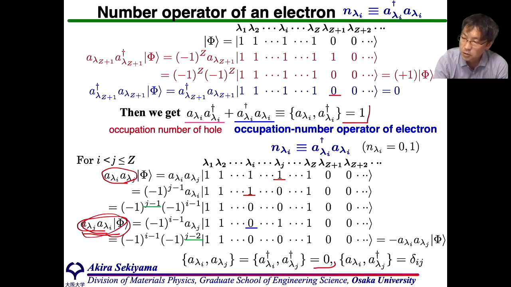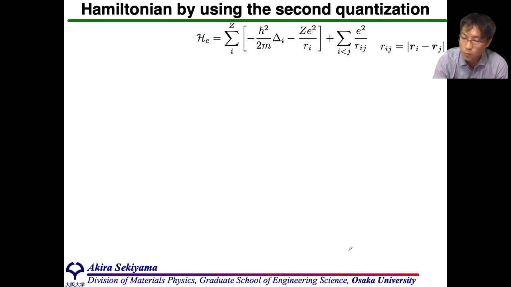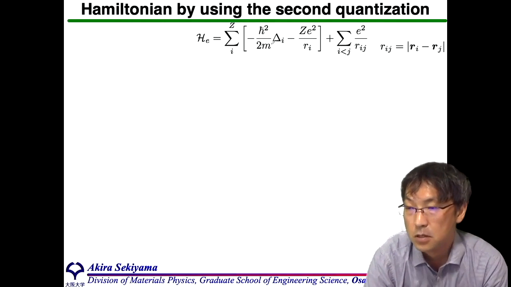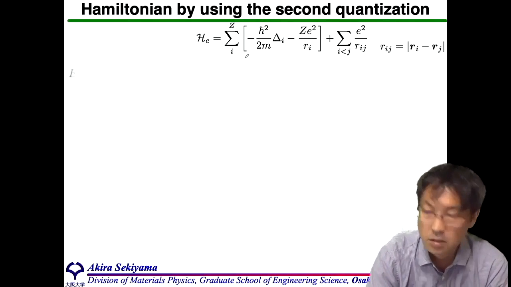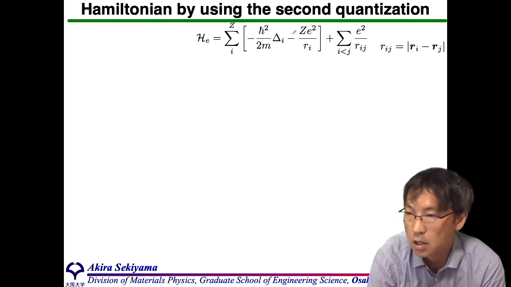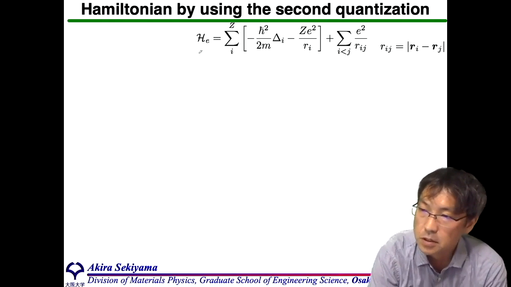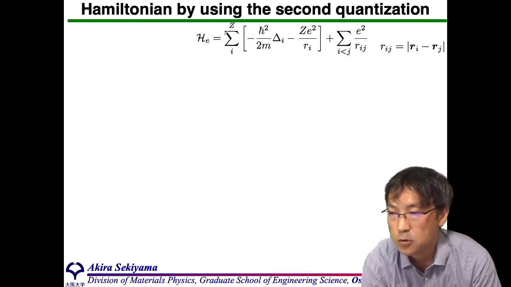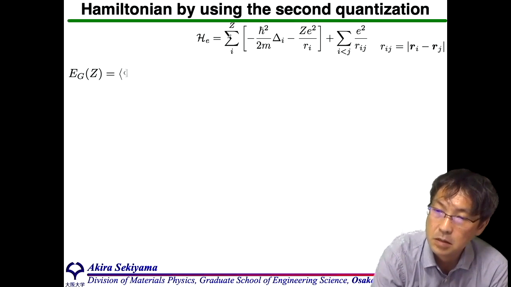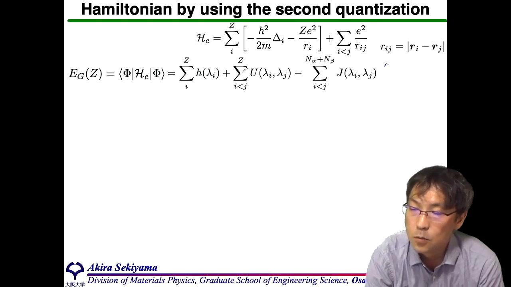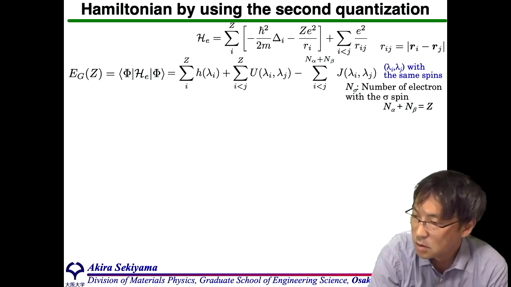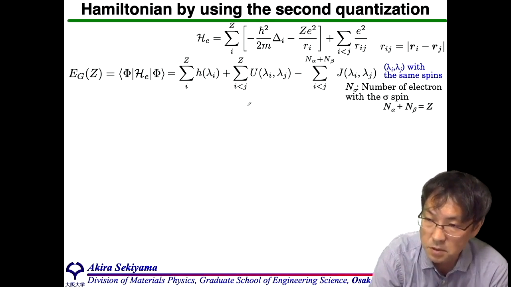Then by using the second quantization, we consider the Hamiltonian of the many-body electron. I talk about how the electron Hamiltonian is expressed by using the second quantization. So this is the original many-body Hamiltonian for the number of electrons Z. In this case, we can calculate the total electron energy as this formula, which has been explained in the previous slide.